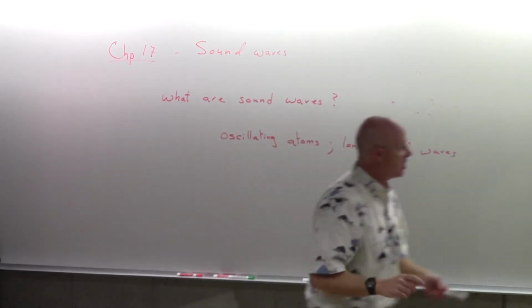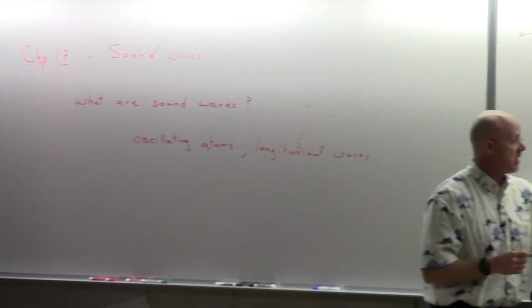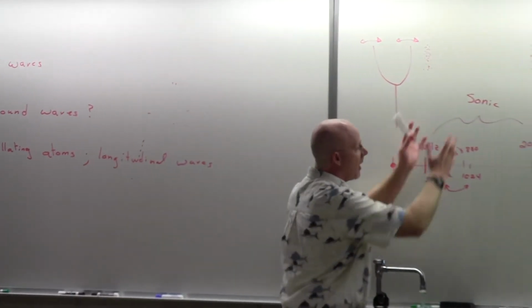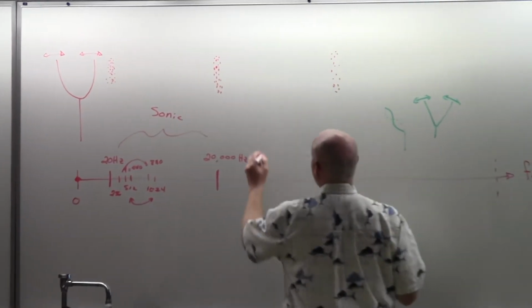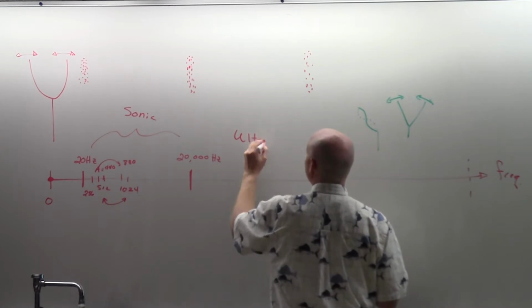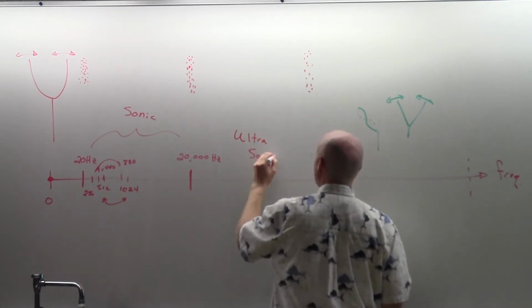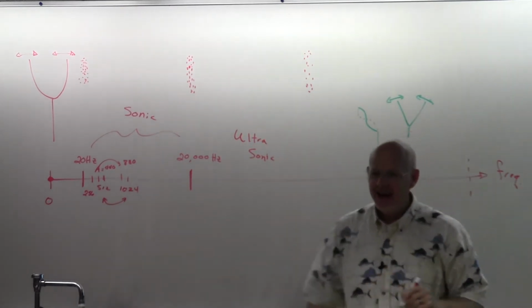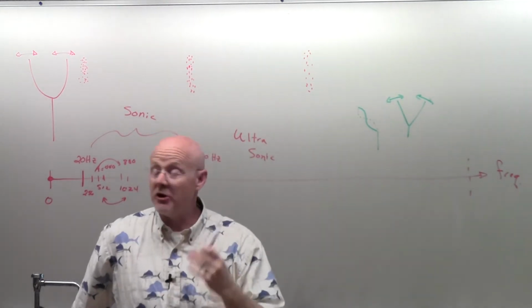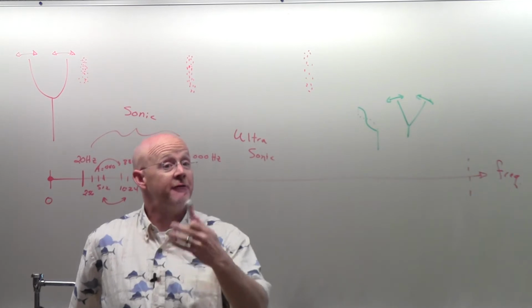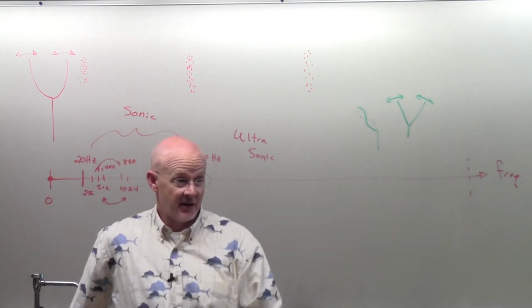Anyway, I wanted you to get a chance to hear all these, so this is the sonic, but let's put some more names here. What about frequencies that are greater than sonic? Ultrasonic. Do not say supersonic. Right? And again, goes back to waves in general. There's the speed of the wave, and then there's the frequency of the wave.